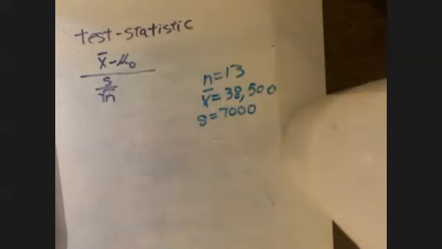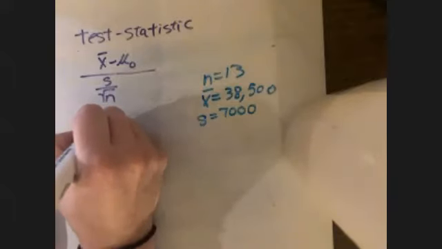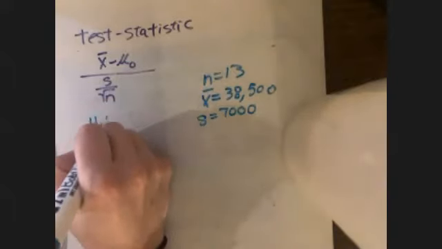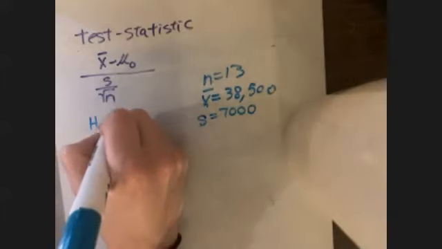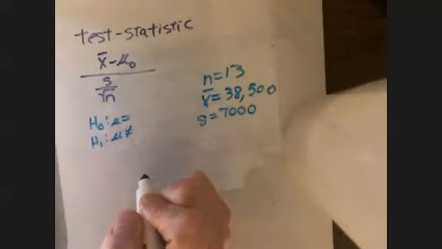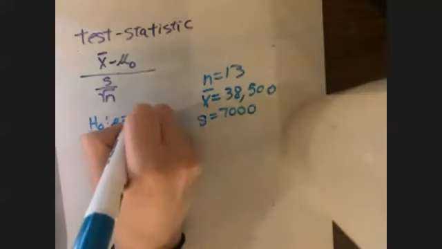The data shows that it's reasonable to assume that the approximation is normal. Can you conclude that the mean tuition and fees for private institutions in California differs? Okay, so anytime we see the word differs, that means not equal to 35,000.